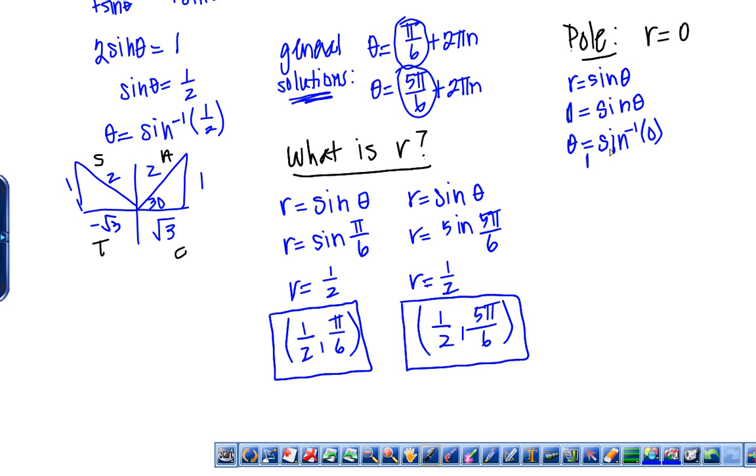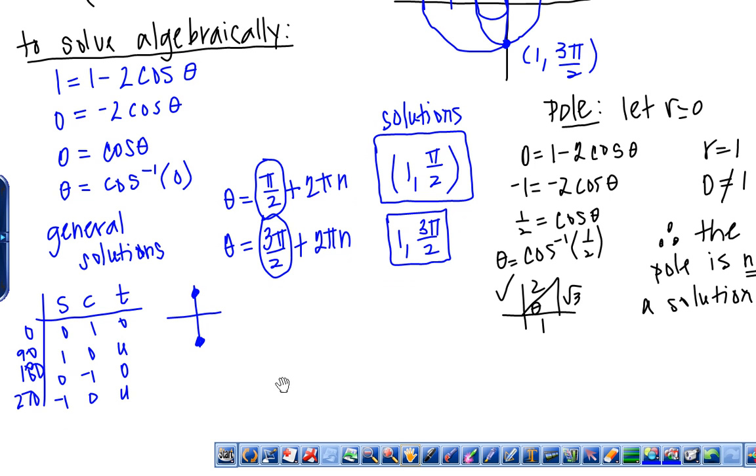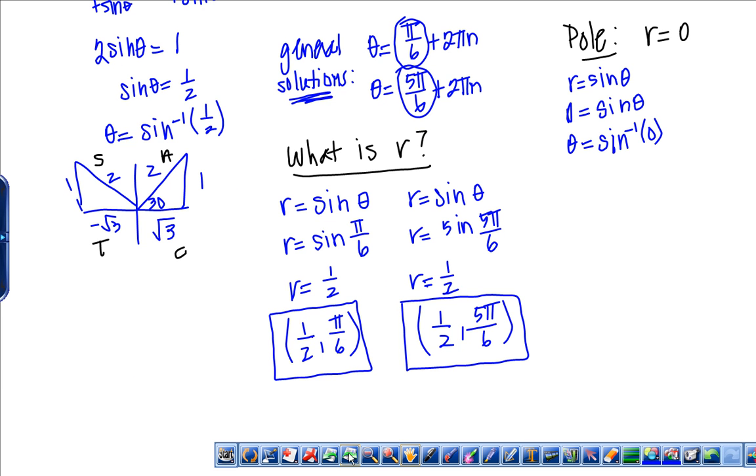Basically, I want to know, is there an angle that will give you 0 for sine? Okay, and it looks like there's 2 of them. Okay, so you can move on and say that since this does work, I can move on, and that works.